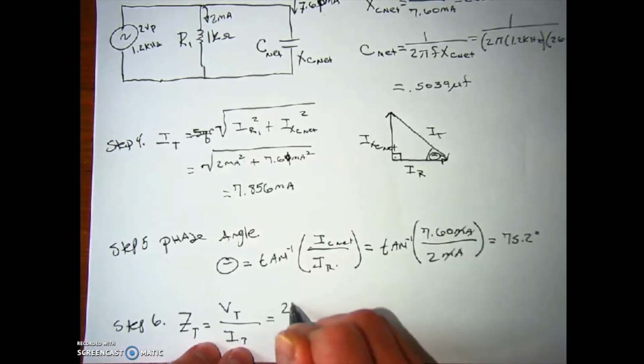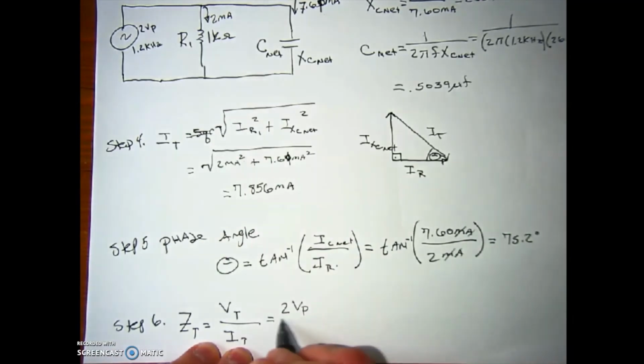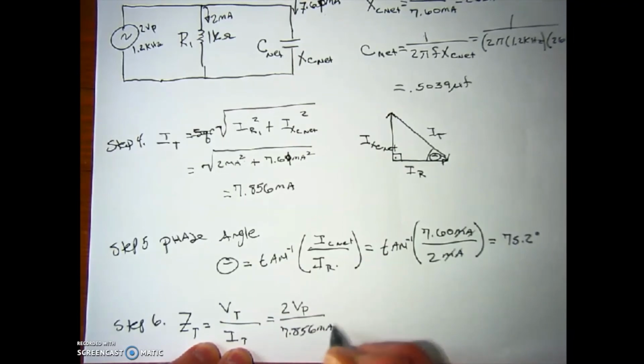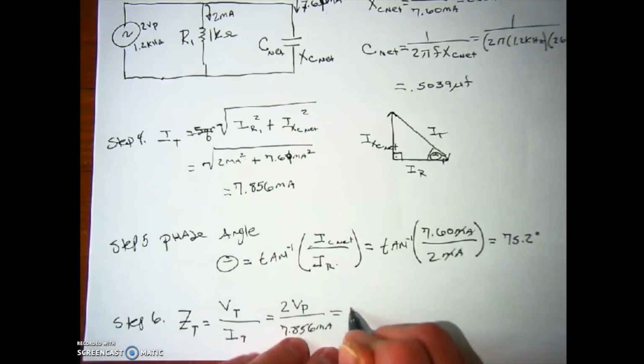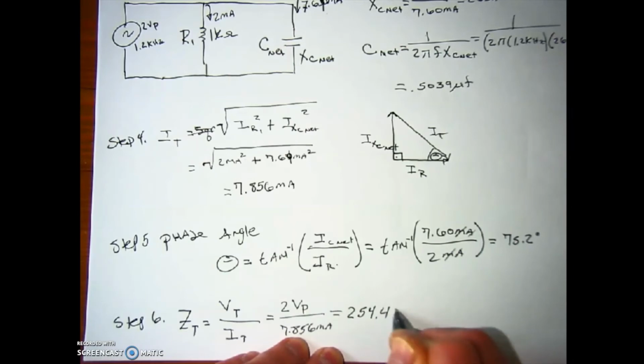So we got 2 volts peak. Remember, keeping my units, over I total, 7.856 milliamperes. And that's going to come up with an impedance of 254.45 ohms.